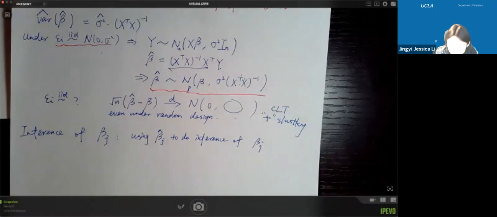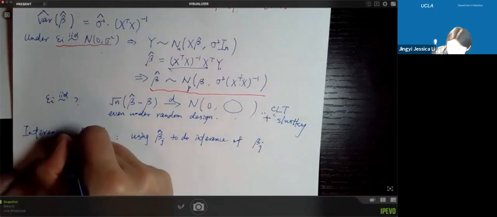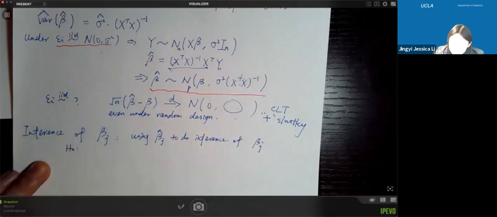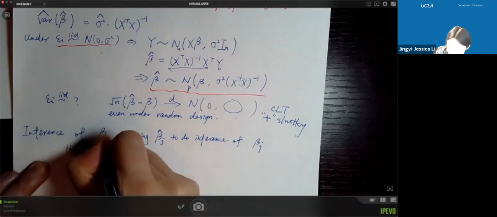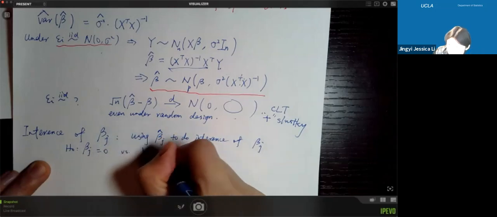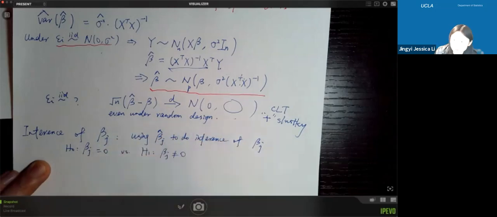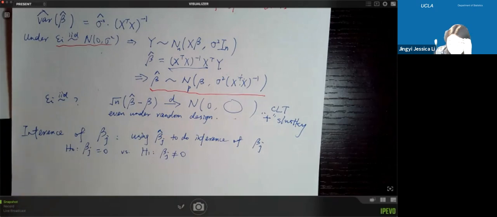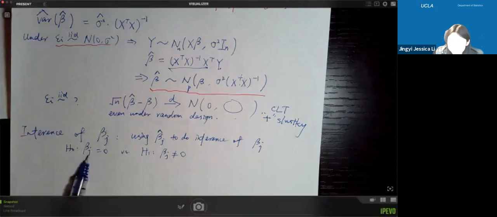So one thing to do statistical inference, or the most common way to do it, is to do hypothesis testing, right? So you may want to test for this. The null hypothesis is that beta j equals 0, versus the alternative hypothesis that beta j is not equal to 0. Why are we interested in this question? Because in linear regression, this will reflect whether predictor j has an effect on my response or not.